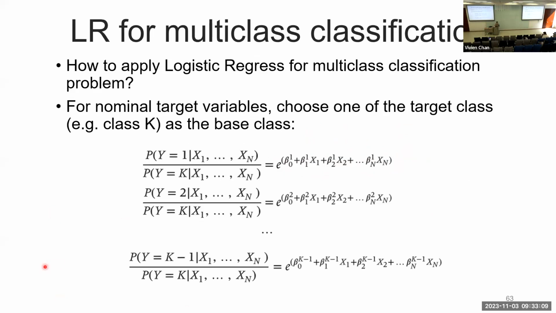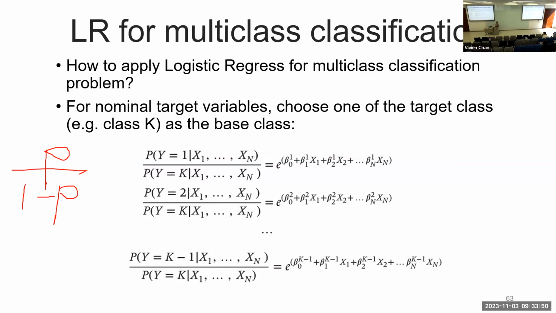If you remember, for logistic regression with binary classes, the formula is P over 1 minus P. These are actually the odds. If it is extended to more than 2 classes, the idea is the same, but you need to select what we call the base class. Say, for example, you select one of the labels as the base class.